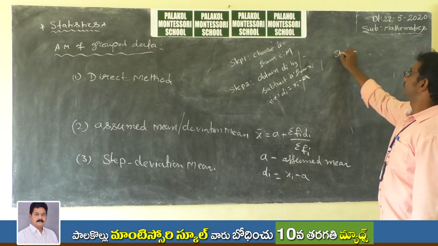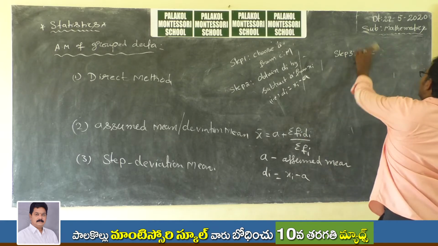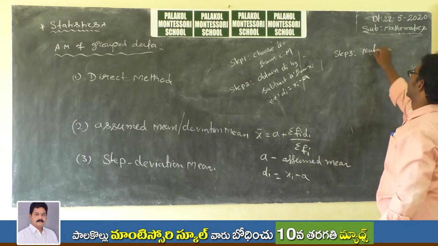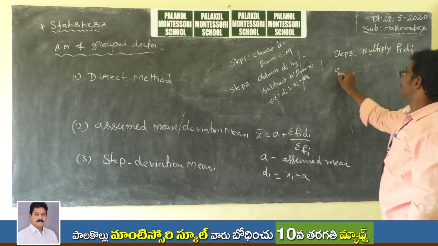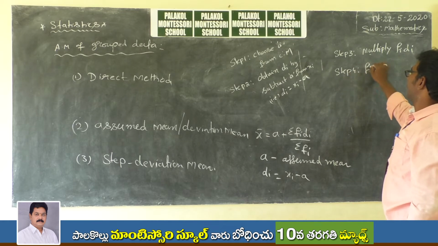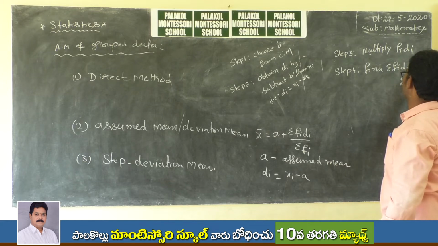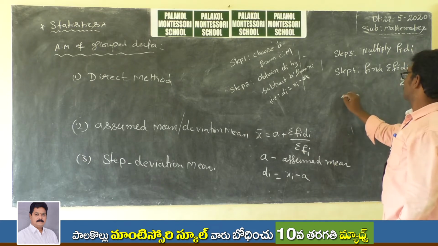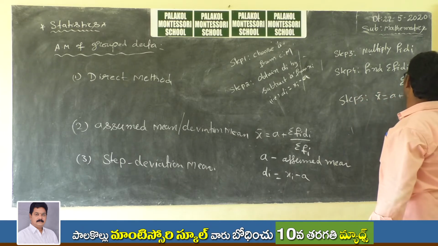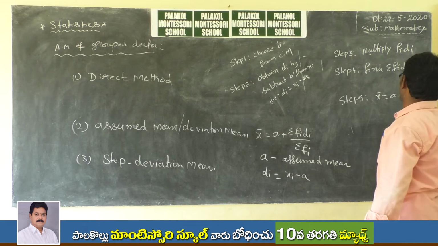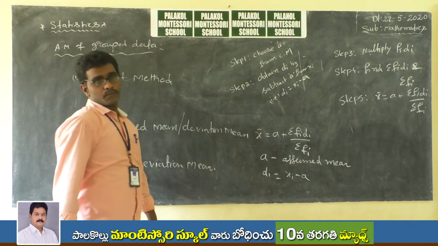Step 3: find fi di. Step 4: find sigma fi di and sigma fi. Step 5: x bar is equal to a plus sigma fi di by sigma fi. This is the assumed mean method process.